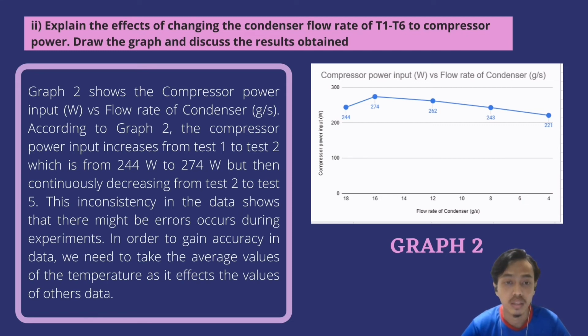But then it continues decreasing from test 2 to test 5. This is maybe because of inconsistency in the data, maybe because errors occurred during the experiment. So in order to gain accuracy in the data, we need to take the average value of the temperature as it affects the value of other data.